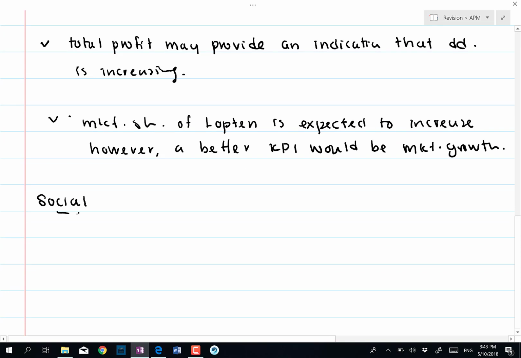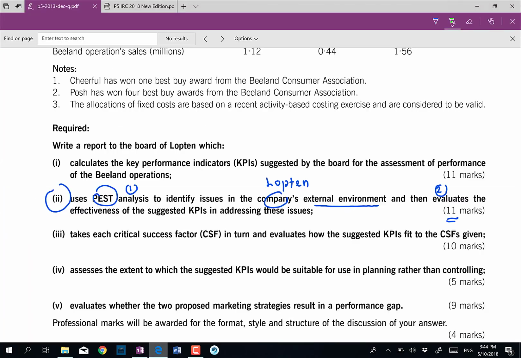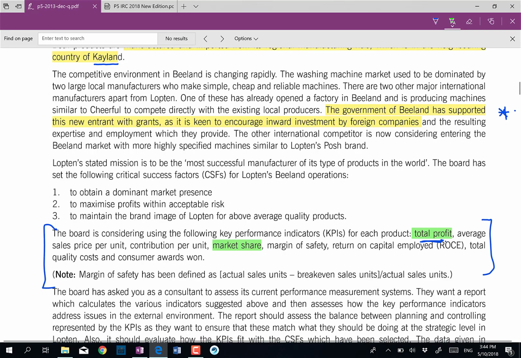Now, social. So the social factors. So in this case, we will relate to increasing wealth. As a result, an increase in wealth will result in changes to consumer taste. Now, this is where you should relate to the question.